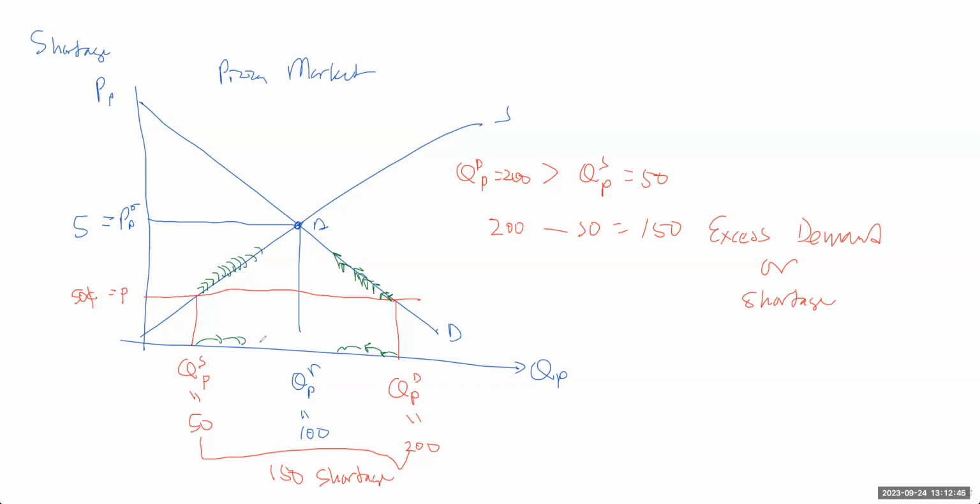You can see sellers entering, causing quantity supplied to go up and quantity demanded to fall. Eventually we meet again at point A, the equilibrium, at $5 a slice, where quantity supplied equals quantity demanded at Q star of 100 slices of pizza. There's no more excess demand. The shortage gets killed off at 0.